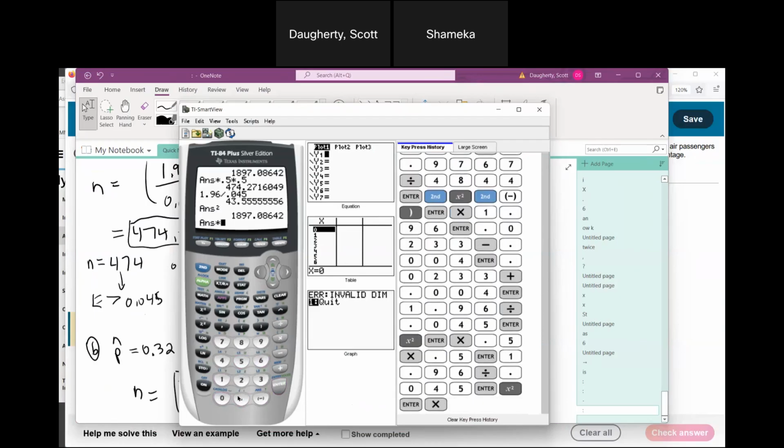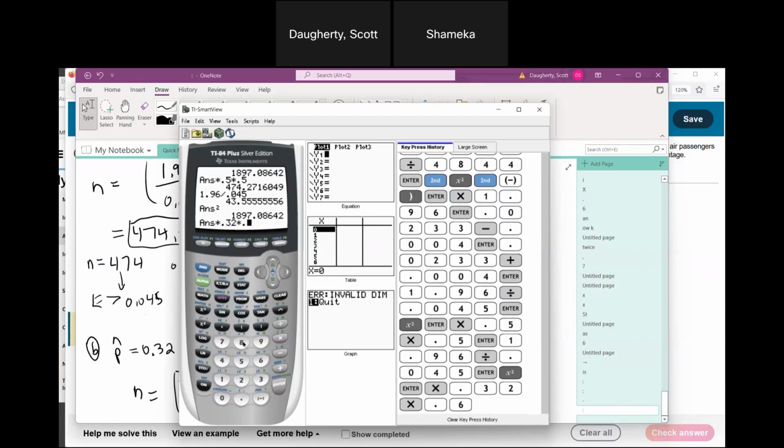And this time we multiply by 0.32 and then 0.68 instead of 0.5 and 0.5. And this time we get 412.8.